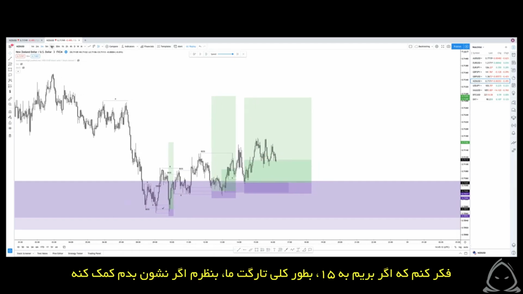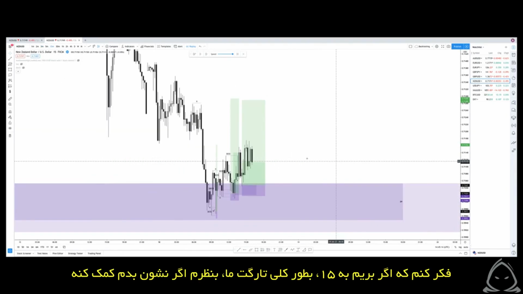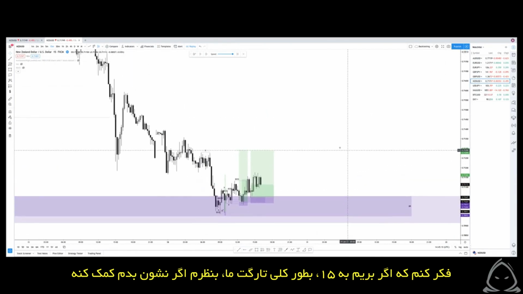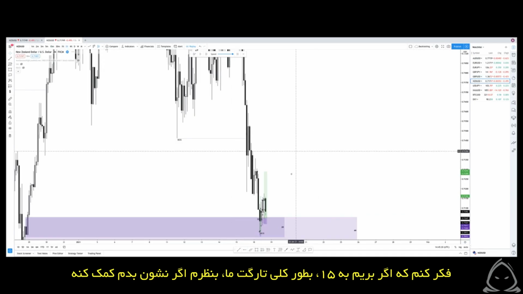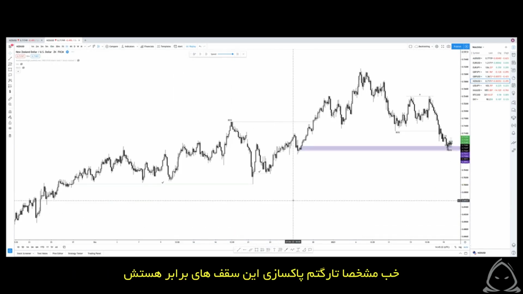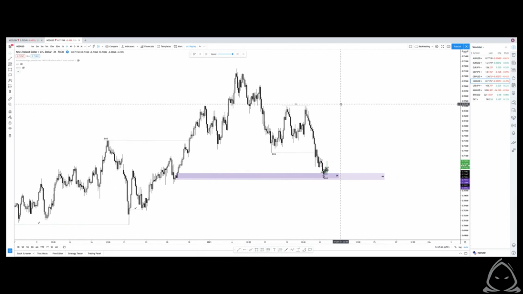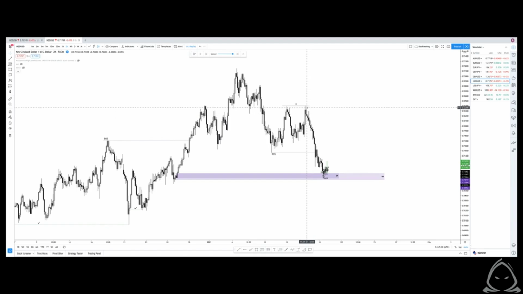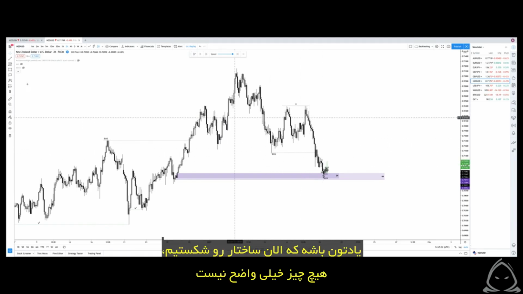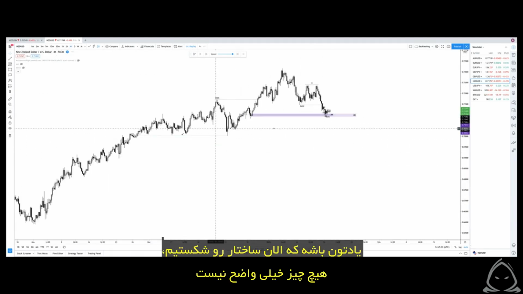So I think if we drop up to the 15 now, obviously overall my target, I haven't actually shown that, that might help. Target wise, I'm expecting a sweep of these equal highs. But I wouldn't be surprised if we don't have a reaction from these areas, because remember, we have broken structure now. Nothing's really that clear.